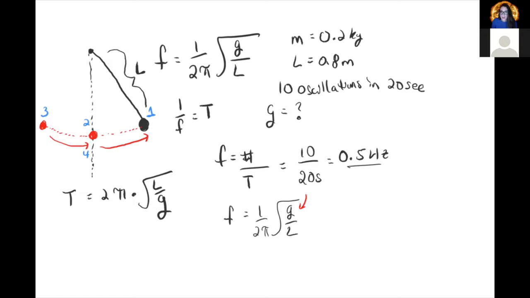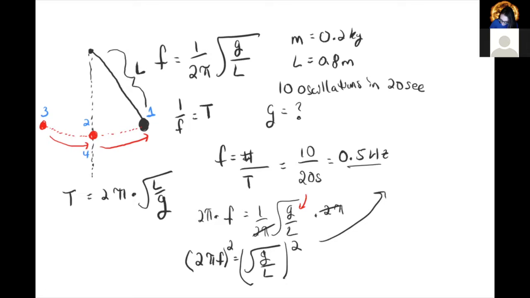So what I'll do is I'll multiply both sides by 2 pi, that cancels the 2 pi on the right. And so then I'll have 2 pi times the frequency equals the square root of g over L. Now to get rid of that square root, I can square both sides. So let's square both sides. Okay, so then this becomes (2 pi f) squared equals g over L. And now I just need to solve for g.